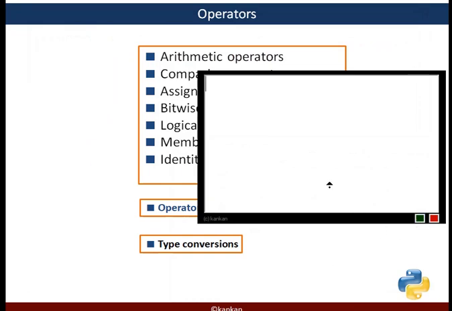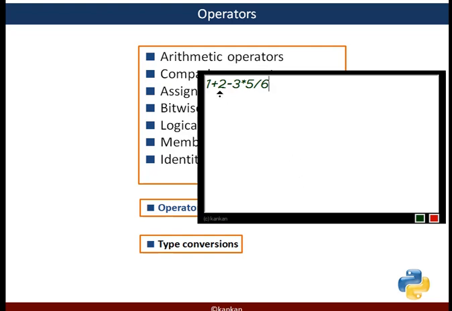Now there is some precedence. Precedence means which can be operated first. If there is an expression, suppose 2 plus minus 3 multiply 5 division 6, this is an arithmetical expression.